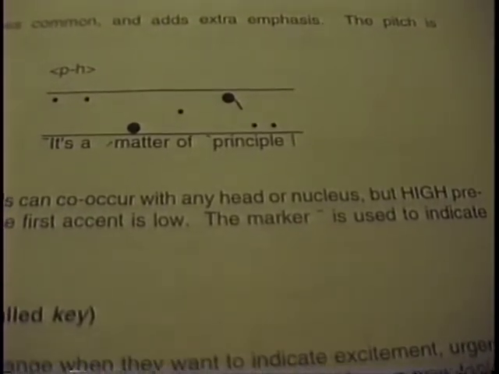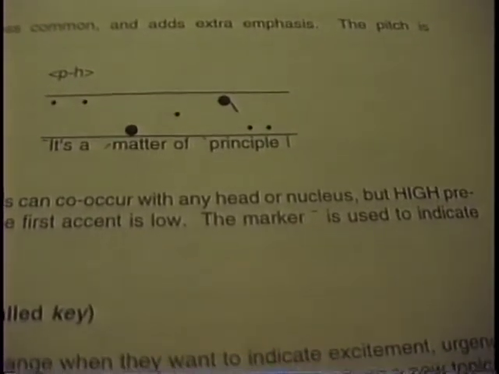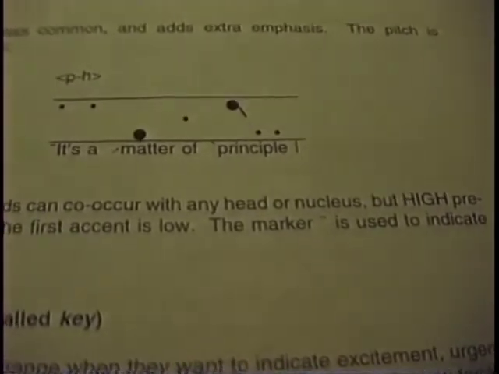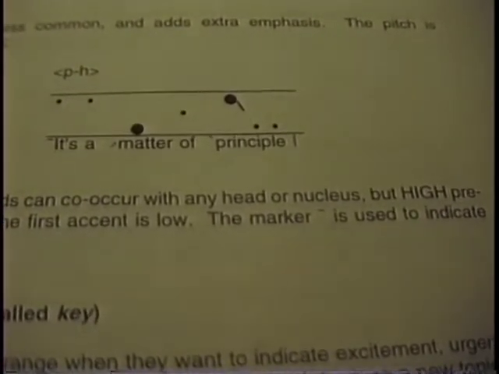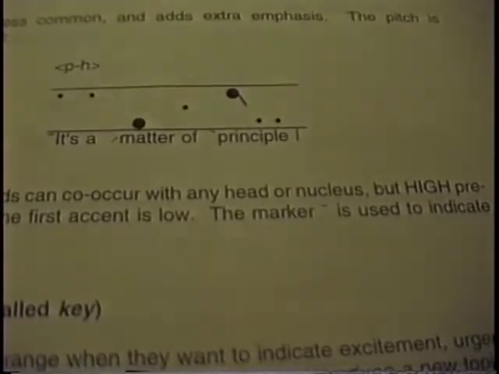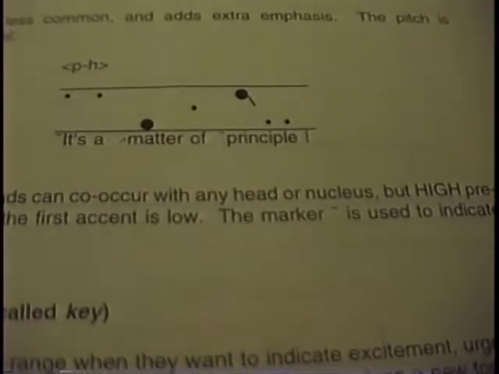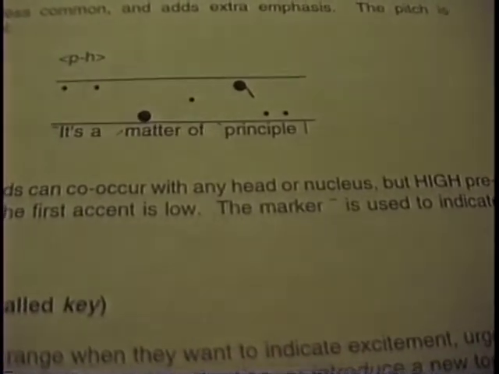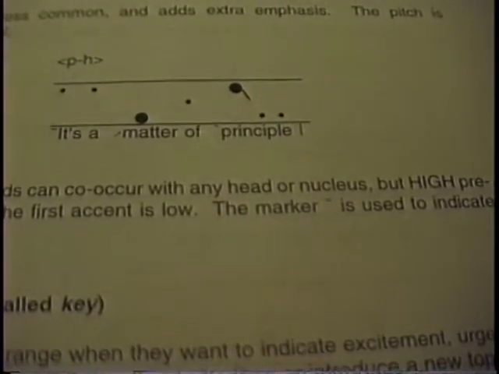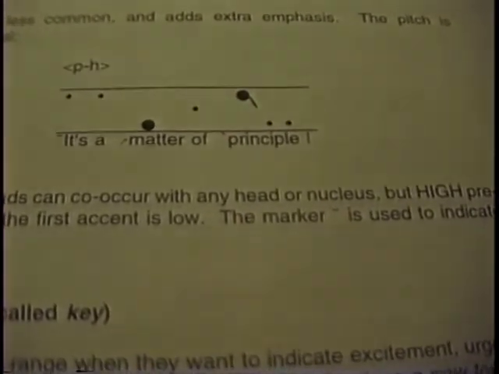So that first example jumped down to the onset of a low fall. Second one jumped down to the beginning of a rising head. And you use that little horizontal marker as the indicator of a high prehead.